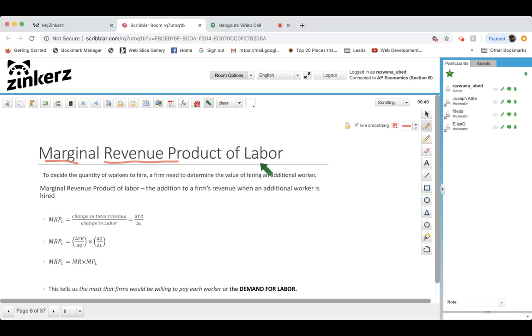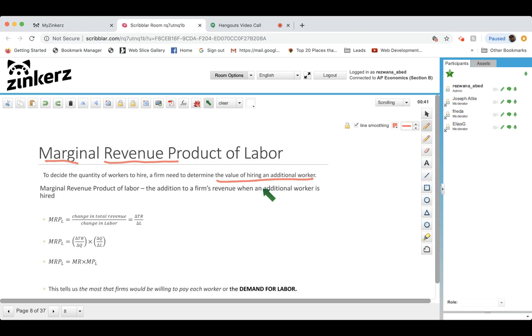Okay, so for businesses, if you are deciding how many workers you need to hire for your business, for the outputs that you need to produce, what really decides how many workers you're going to hire is that you first need to determine the value of hiring an additional worker.